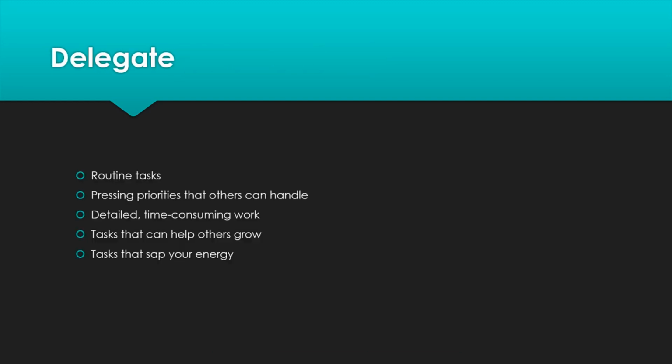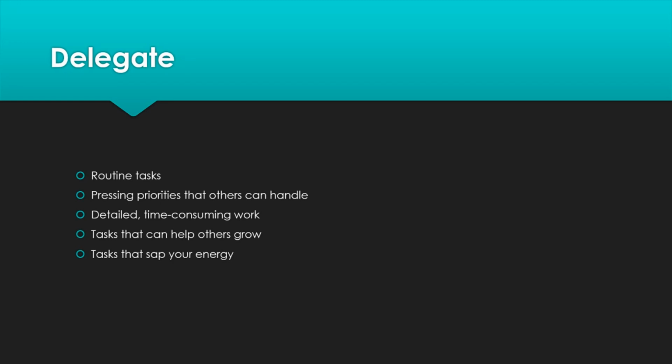So let's recap and talk a bit further about things and tasks that we can delegate. So as I mentioned, it's routine tasks, repeatable tasks that, although it might be quicker for me to do the first time, if it's repeatable and it's going to happen a lot of times, it is worth the investment of me teaching someone else to do it so that in the future it will free up my time that I usually spend on those tasks.